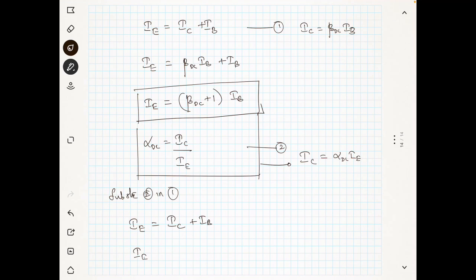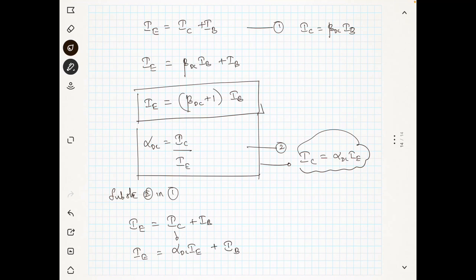So IE is equal to alpha DC times IE, which is our IC because I replaced IC with alpha DC times IE, plus IB.